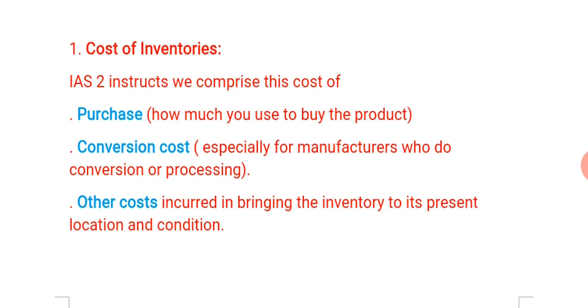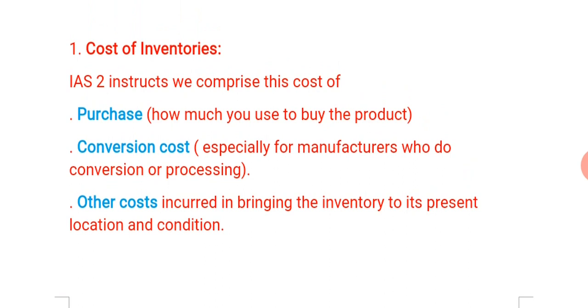Now location, carriage inwards, that is the transport. Without going to the market and transporting the shirt to my office, the shirt won't be with me. I won't be the owner of the shirt. It had to be done. It was compulsory for that transportation to take place for me to have the shirt as my inventory. So it is also added to the cost of inventories.